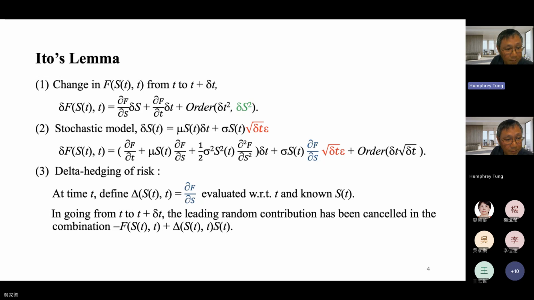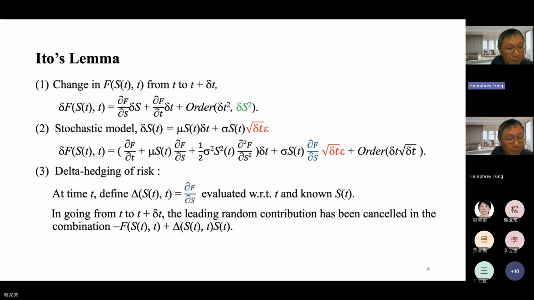In stochastic calculus, the stochastic model for the underlying asset price change has a square power, so imagine you take the square of the stochastic model of delta S.